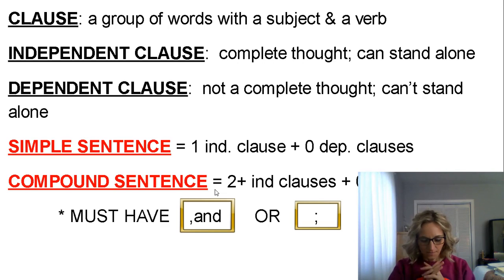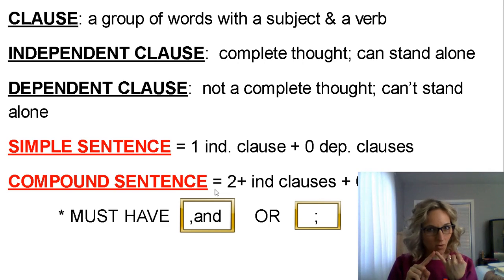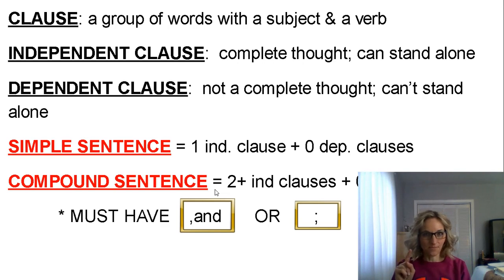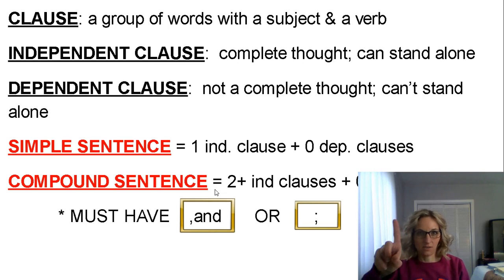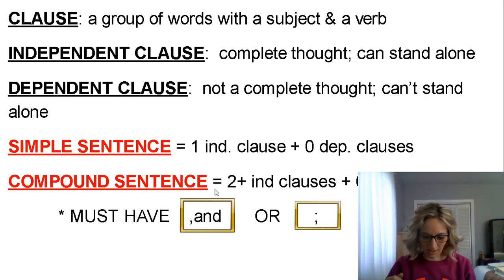Number 5, go ahead. I'm going to have you do it. Remember, look for your comma and coordinating conjunction or semicolon. Look for your subjects and verbs. Write your formula. What do you have? Subject, verb. So you should have SV, semicolon, SV equals compound. Good. Number 6, go ahead.